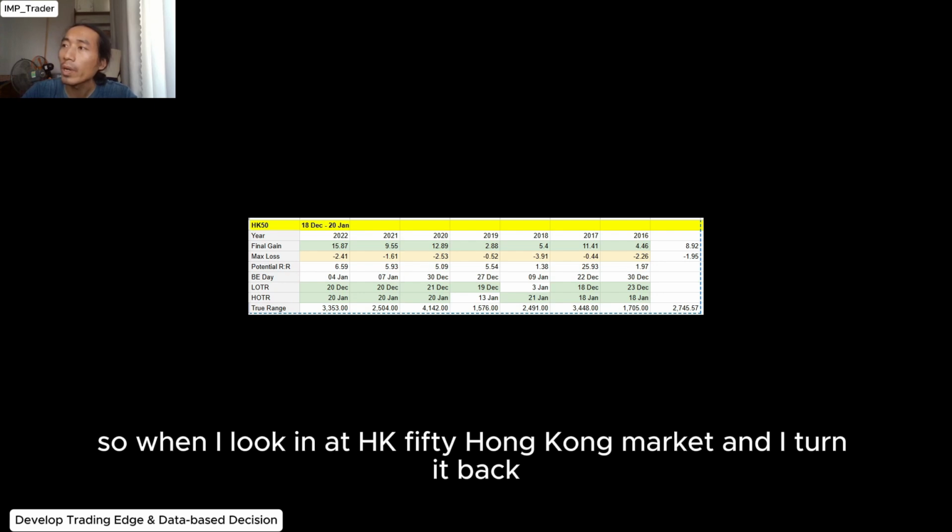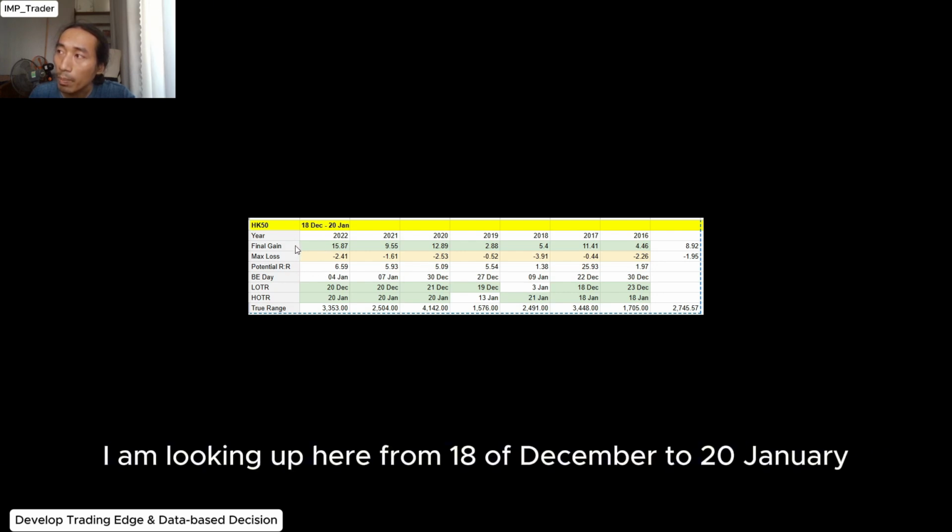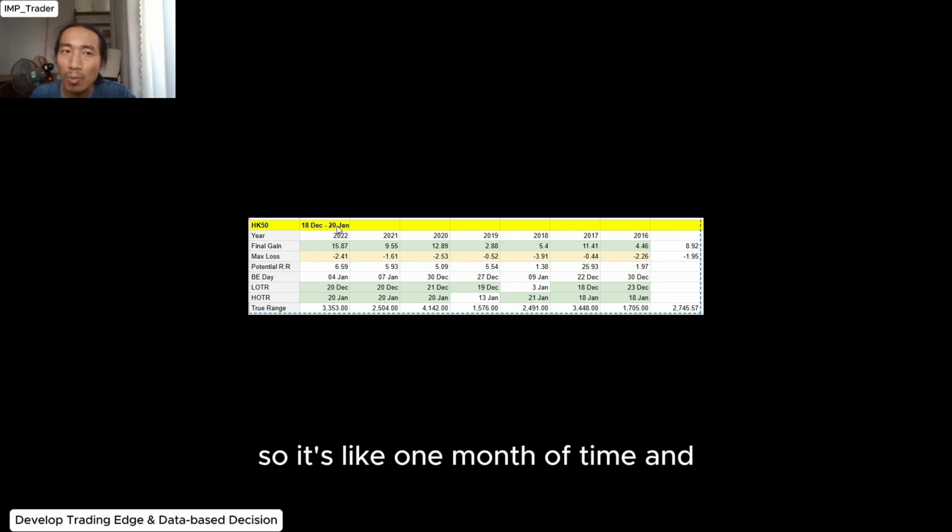easily. So I'm looking at the HK50, the Hong Kong market, and I turn it back. I am looking at the period from the 18th of December to the 20th of January, so it's about 1 month of time.